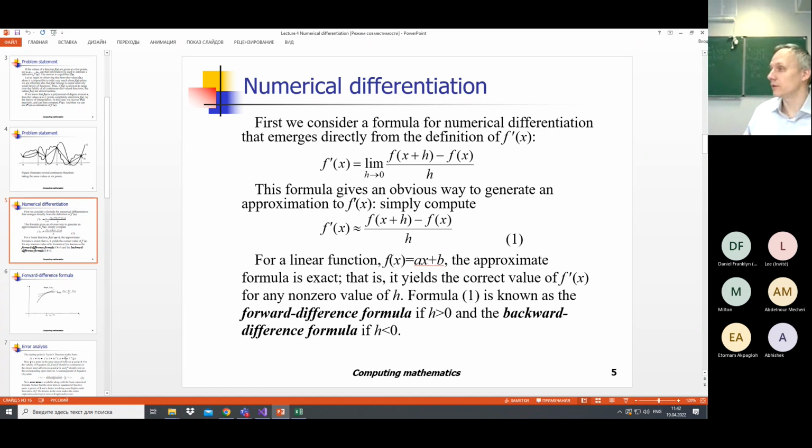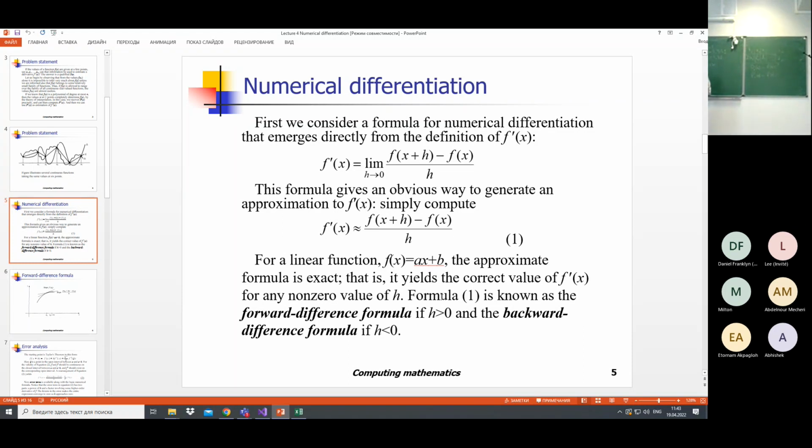Well, did you find the value of the derivative approximation? It's the value of the function?